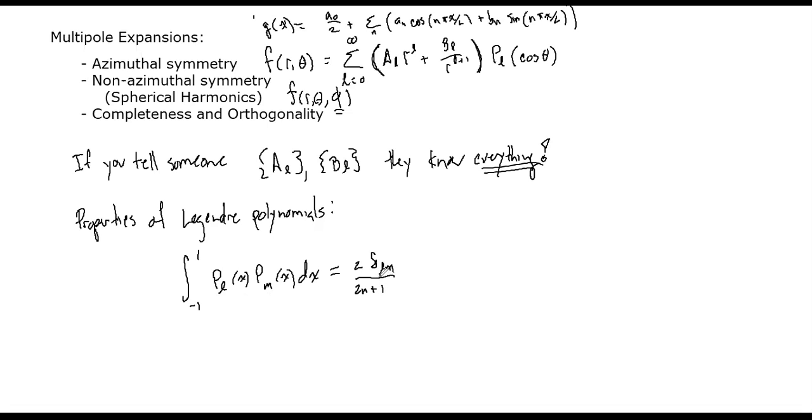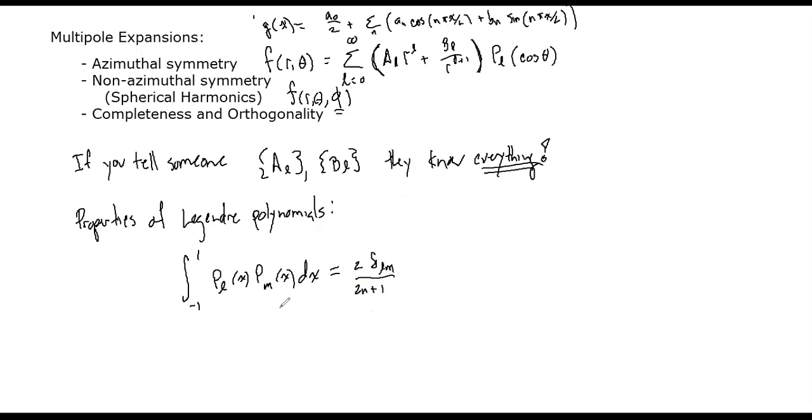Or you could have defined them to have really pretty coefficients, and this is a mess. For some reason, history did neither.